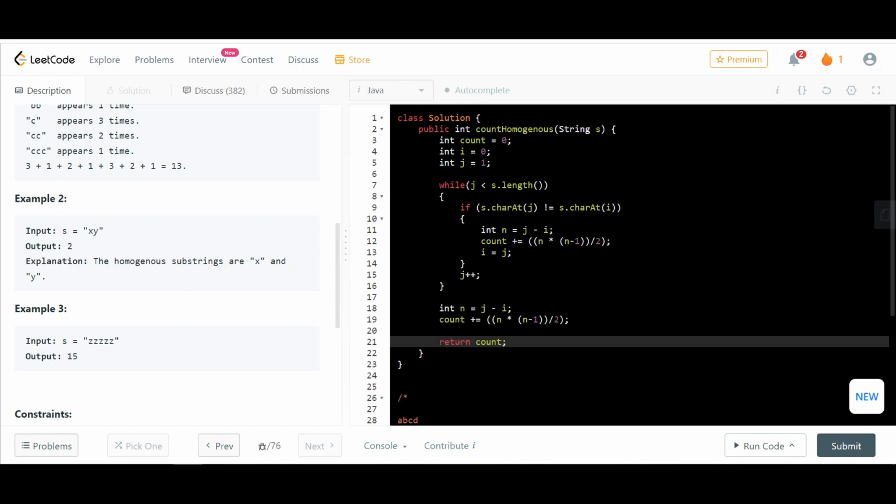So let's think about this X and Y again. Okay, all this is good.